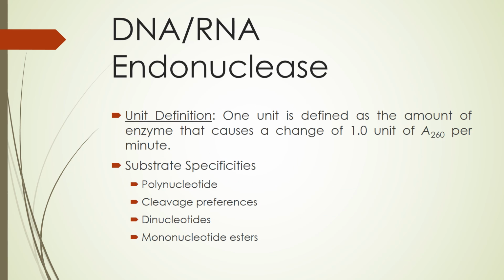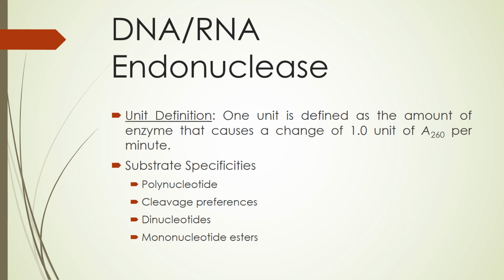Now we come to the DNA RNA endonuclease. This endonuclease, first isolated from the bacteria Staphylococcus, is also known as micrococcal nuclease, and it is a calcium-dependent phosphodiesterase which cleaves both DNA and RNA to yield 3' phosphomononucleotides and 3' phosphooligonucleotide end products.